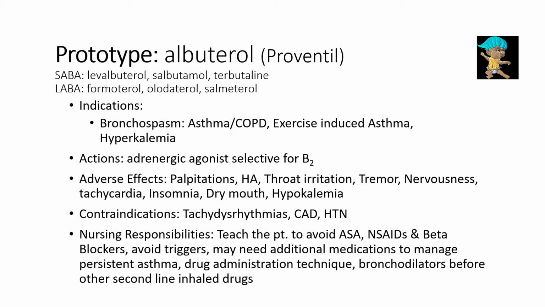Palpitations, sure, it's going to increase your heart rate a bit, okay? And that's going to be its beta-1 effect, which is starting to occur if taken in large enough doses. But remember, it's always going to be considered a beta-2 agonist, but nothing is 100%.